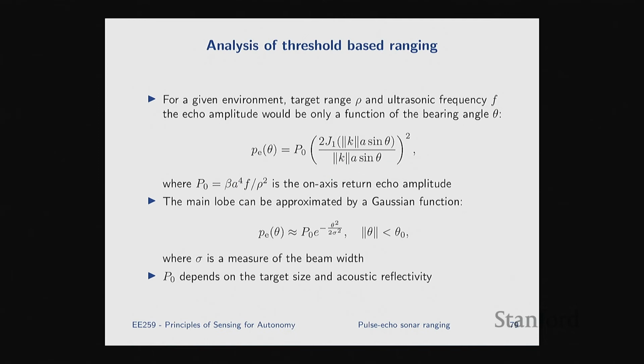So basically, for thetas that are in the main lobe, less than theta 0, you can approximate your echo amplitude by P0 times a Gaussian function, which is e to the minus theta squared over 2 sigma squared. What is sigma? Sigma is just the variance of the Gaussian, and it's chosen such that the width of the Gaussian matches the width of your echo amplitude, basically.